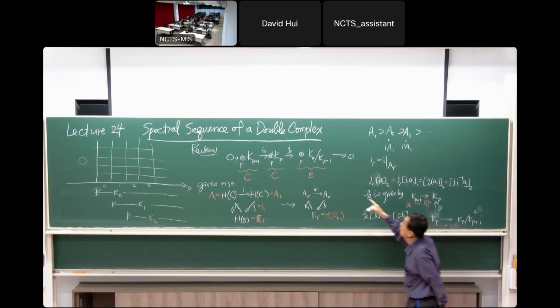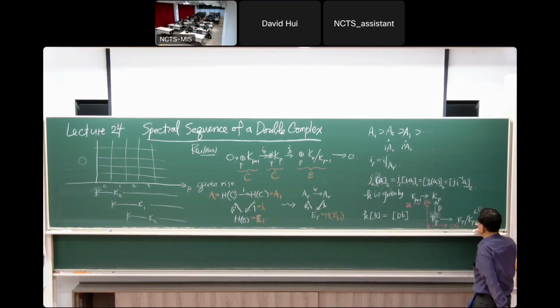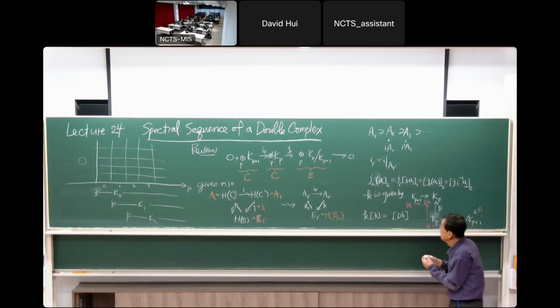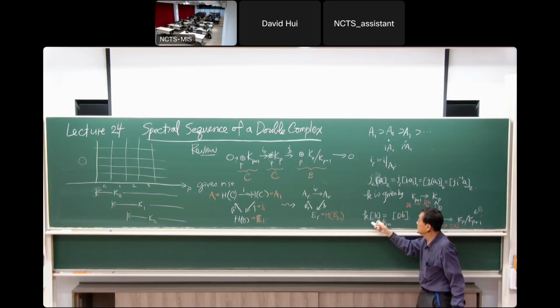B is the direct sum of quotients. So this is the projection to the quotient, okay? Yeah. So this is actually a class in K_p over K_{p+1}, okay? You have b in K_p and you take its quotient class.